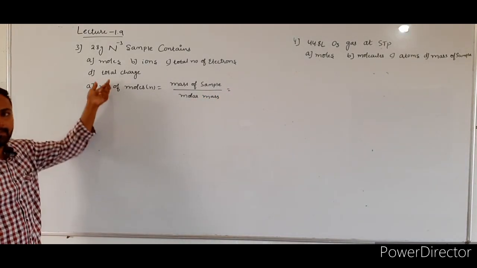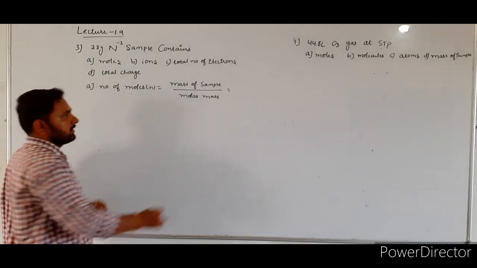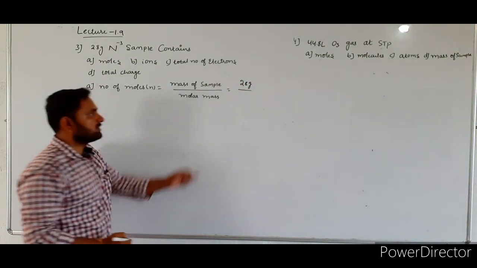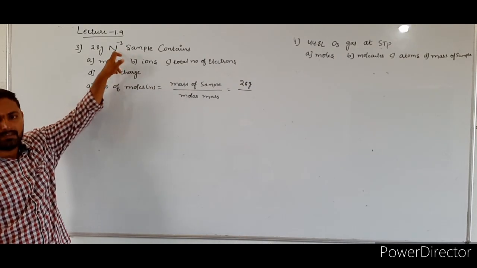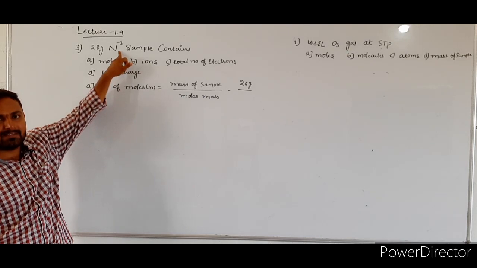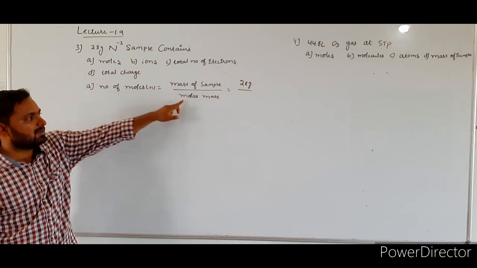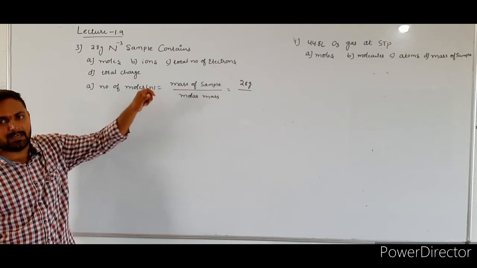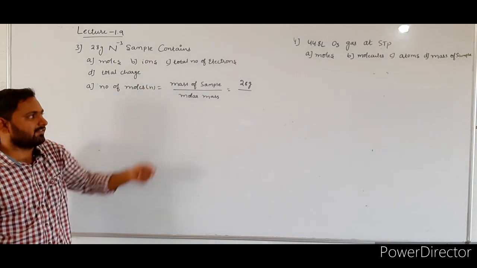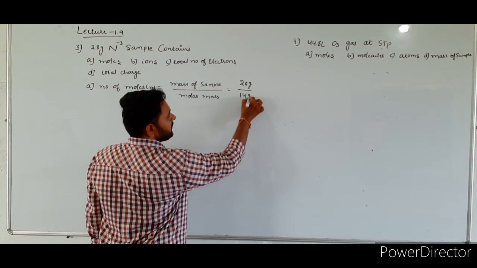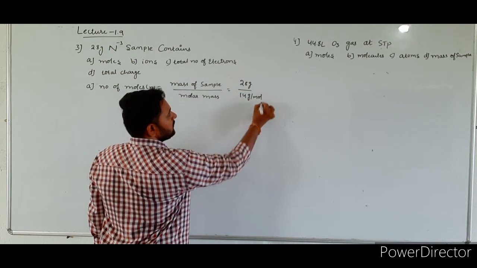What is the mass of sample? 28 gram. Then what is the molar mass of nitrogen? What is the atomic mass? 14. Molar mass is numerically equal to atomic mass, but the unit is different, gram per mole.